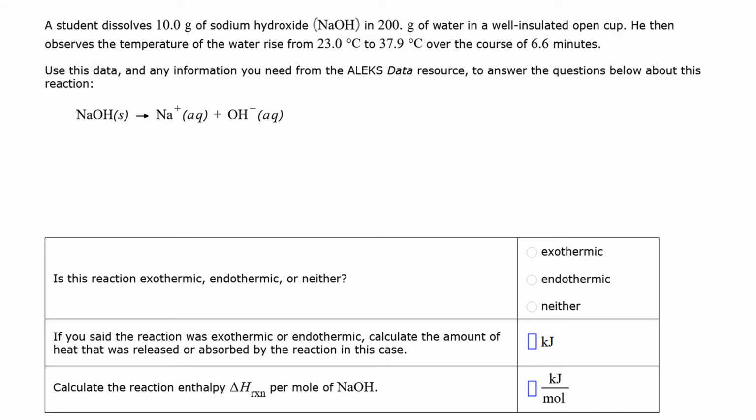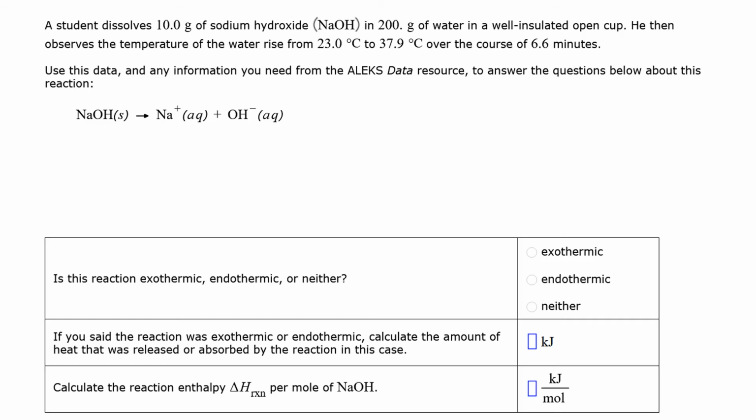What is our chemical reaction? Our chemical reaction is NaOH dissolving or dissociating into Na+ and OH-. This is a chemical reaction. Bonds are being broken here. So we have some data to work with. We have our 10 grams of sodium hydroxide, our 200 grams of water. That's going to give us a mass.